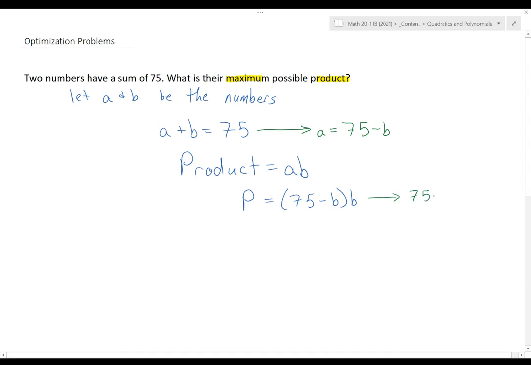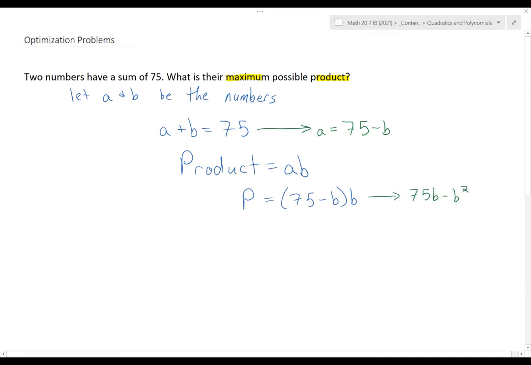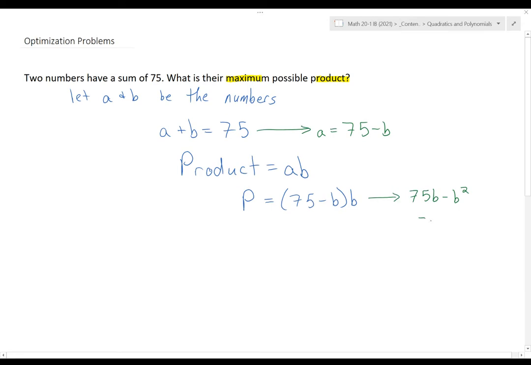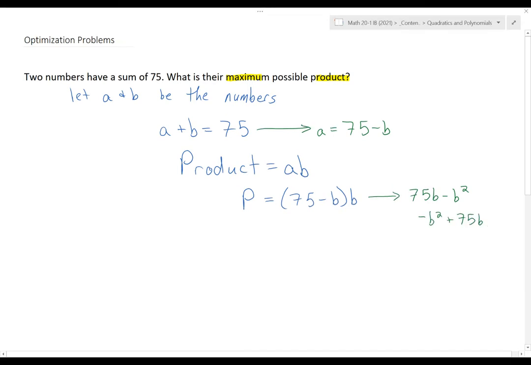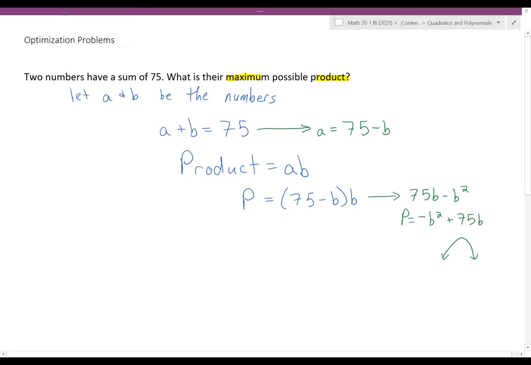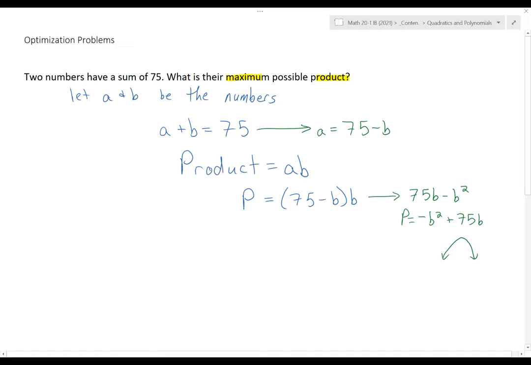If I were to distribute it, I would have this quadratic function, which we would more commonly write in this way, in which I can see pretty clearly it opens downward because I have a negative leading coefficient. But there's no point in distributing right now because I have it in factored form, which means I can see the x-intercepts.